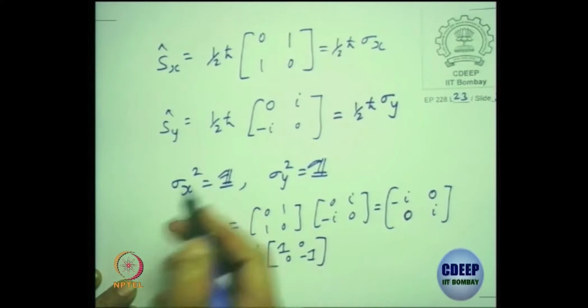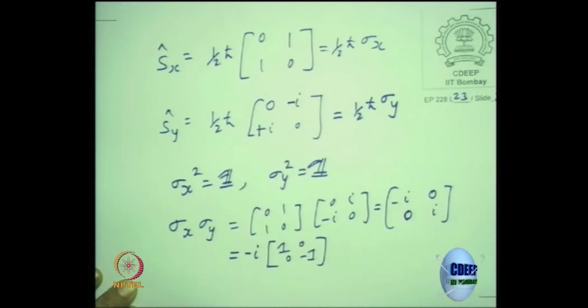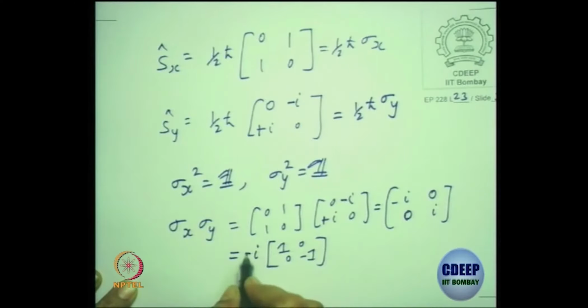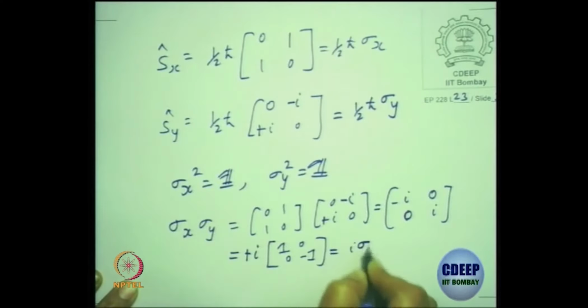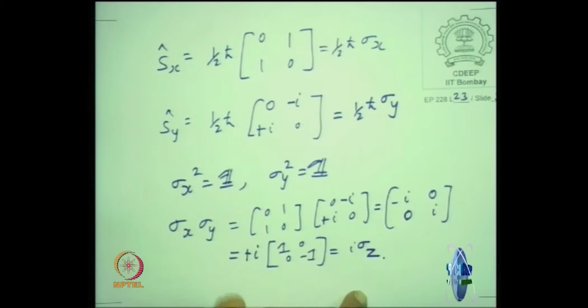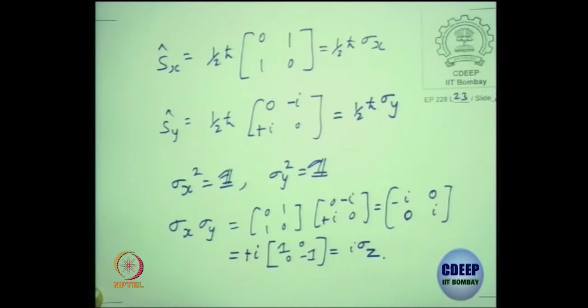So there is a slight notation here. If I put this to be minus I and plus I as sigma y, and then you get I times sigma z. So this is one unique convention which takes care of your algebra: Sx Sy commutator should be I H cross Sz.